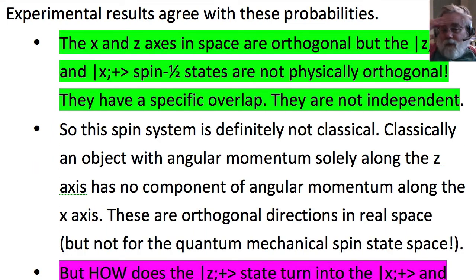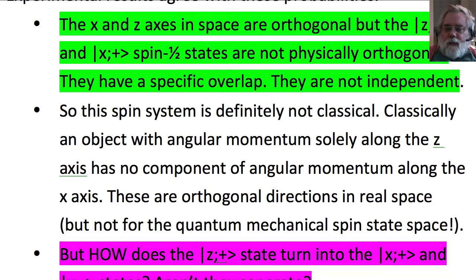Classically, an object with angular momentum solely along the z-axis has no component of angular momentum along the x-axis. They're orthogonal directions in real space, and so classically the angular momentums would be orthogonal, but not for the quantum mechanical spin state space.